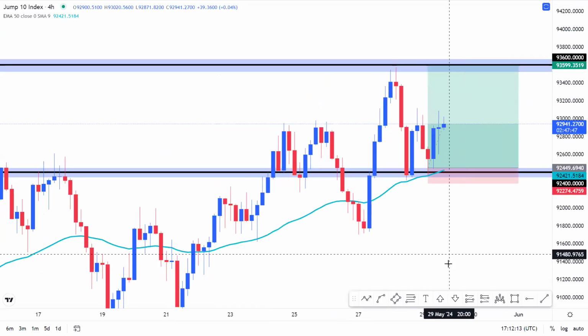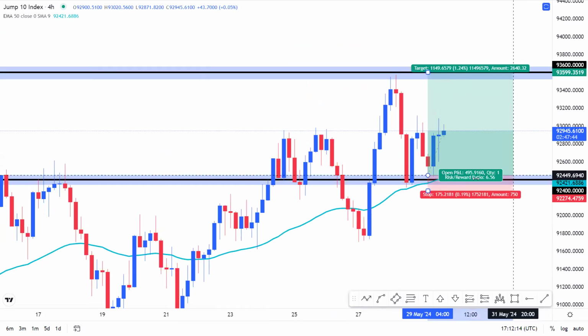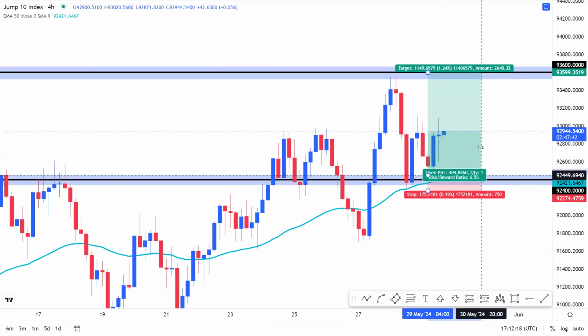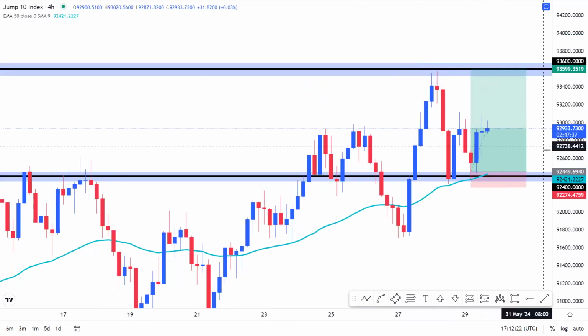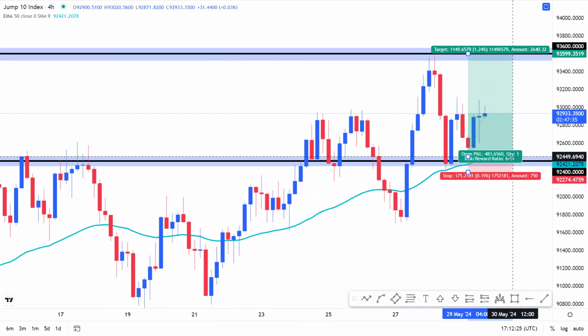Now, this is the very trade I sent out on the Telegram channel, currently still holding our buy positions.